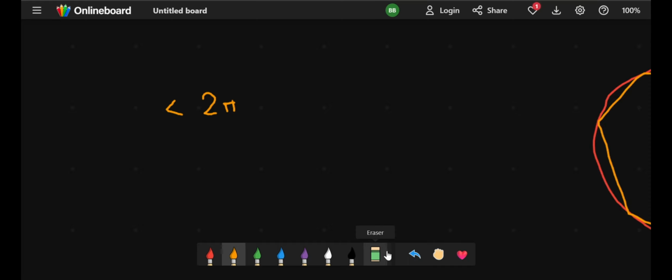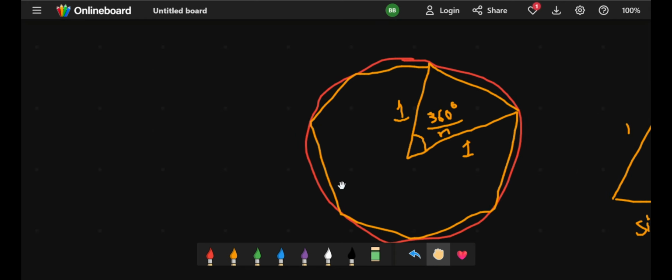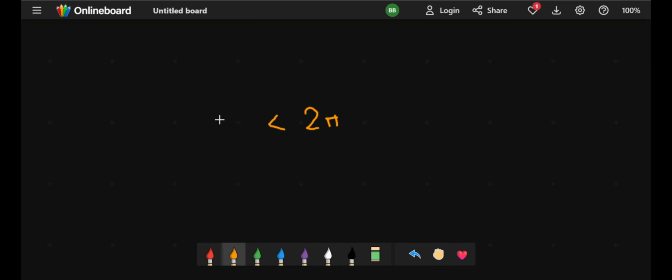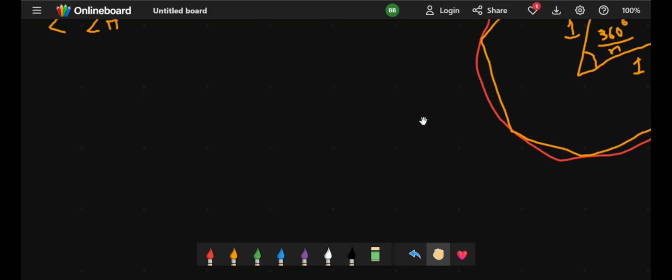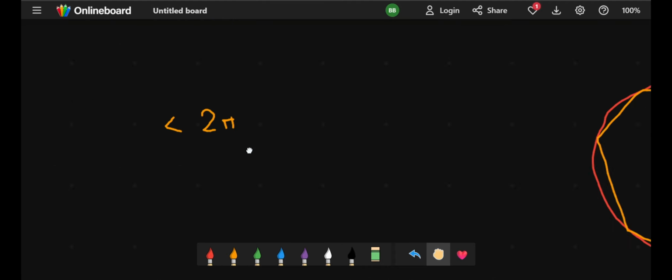more than the perimeter of the one inside, right? Because the circumference is going to be more than the perimeter of the one inside. So 2 pi is going to be more than n times sine of 180 over n times root 2.